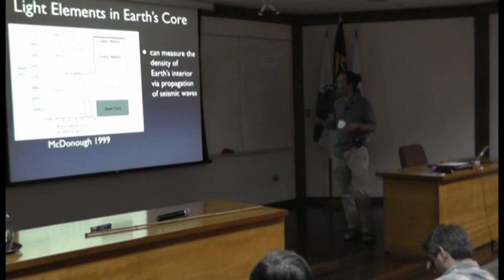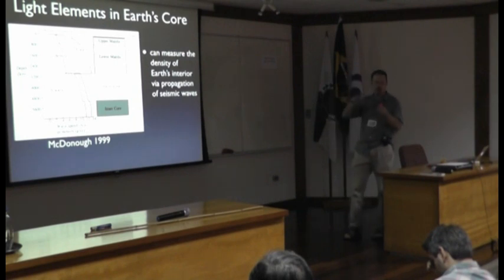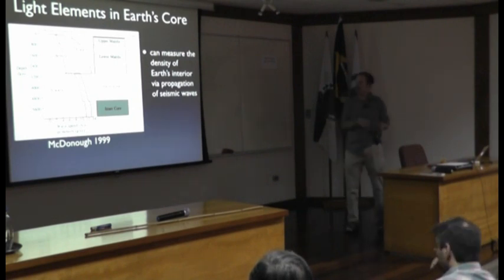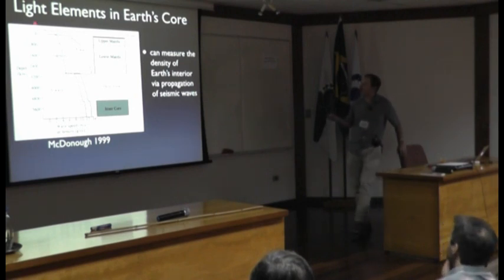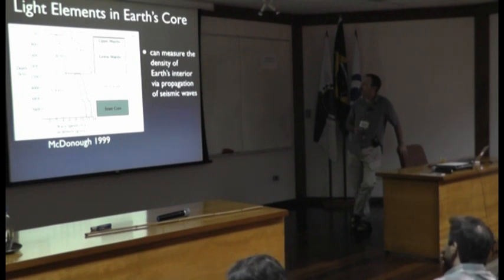The direct waves, the P waves, propagate through both liquid and solid, whereas the S waves propagate only through the solids. So this is depth into the Earth, and this is the speed of the waves as they propagate through the Earth. So here's the P waves, they propagate all the time, and the S waves don't propagate, the speed goes down to 0 in the core.